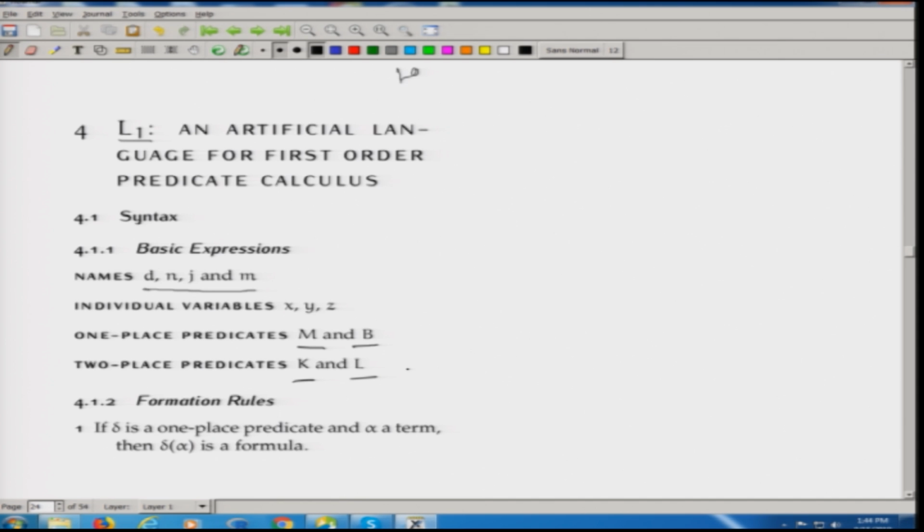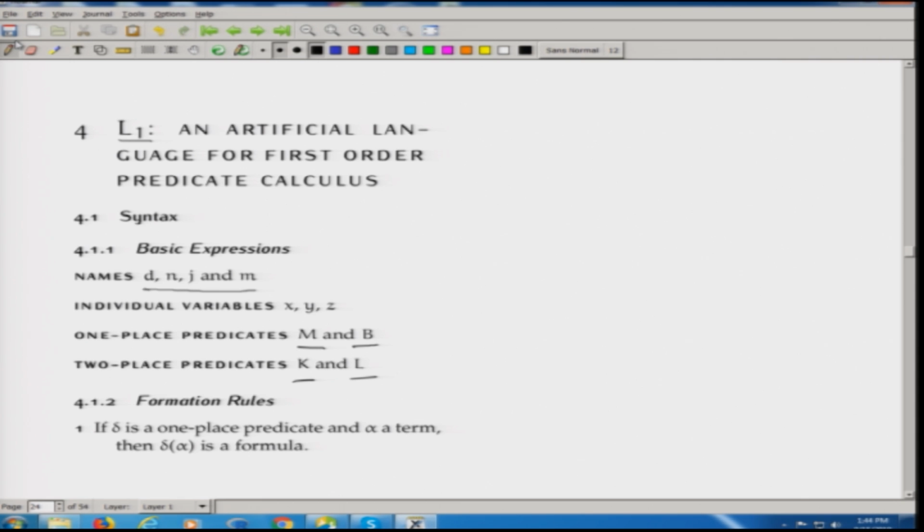The syntactic rules are now our main concern. Then we will see their semantic counterparts. The first formation rule is: if delta is a 1 place predicate and alpha a term, then delta alpha is a formula. That is, delta alpha is a licensed construction.